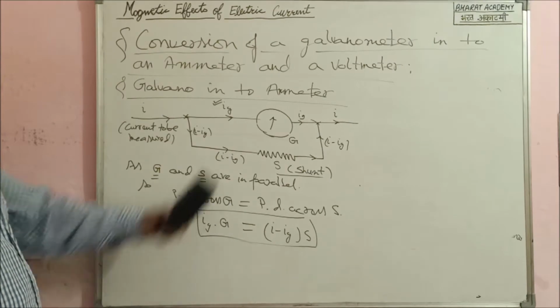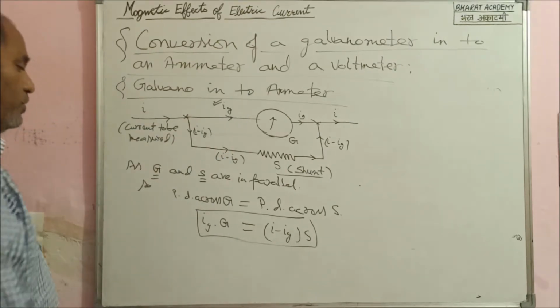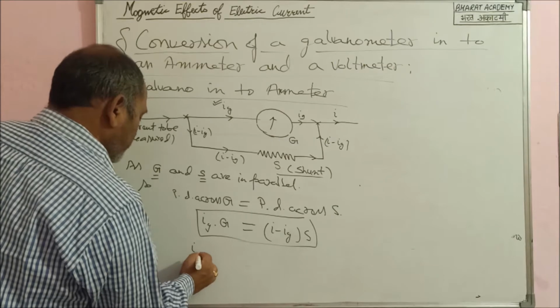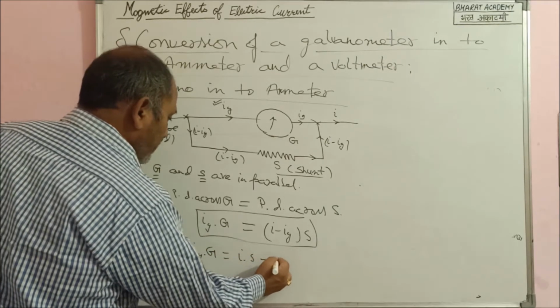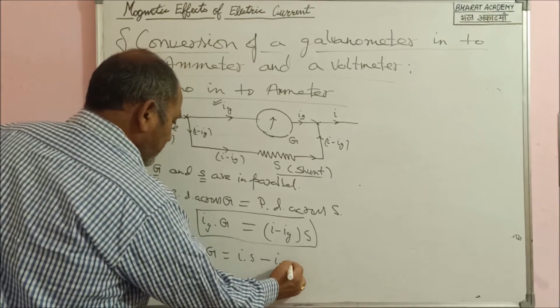But I want to convert it into an ammeter, how to read the current. So I will just try to open it out. What happens? Ig into G will be I into S minus Ig into S, right?